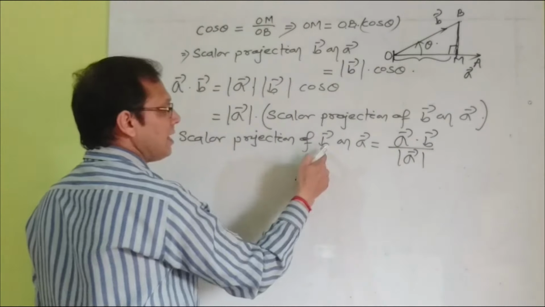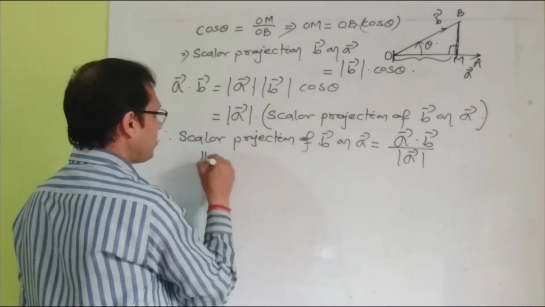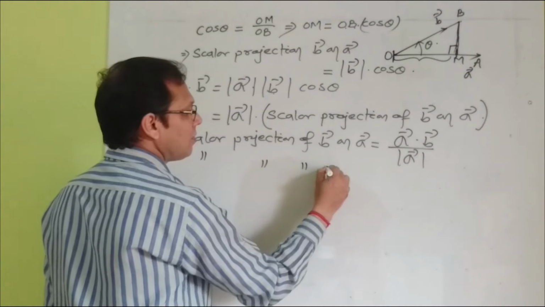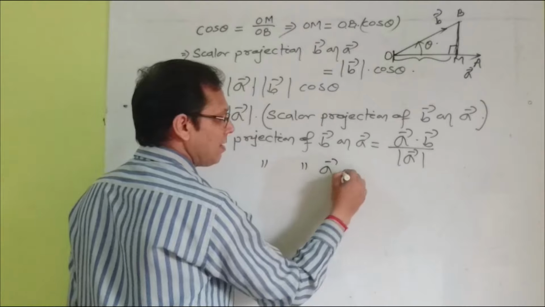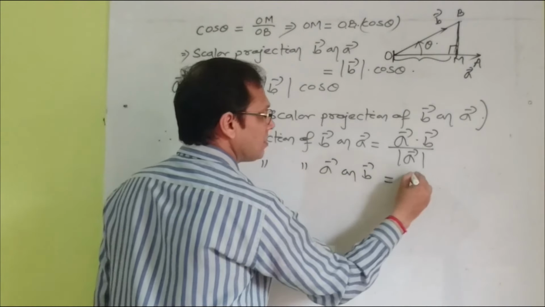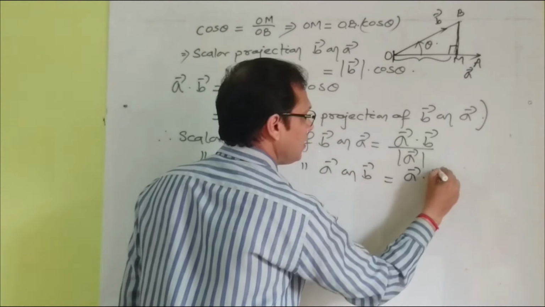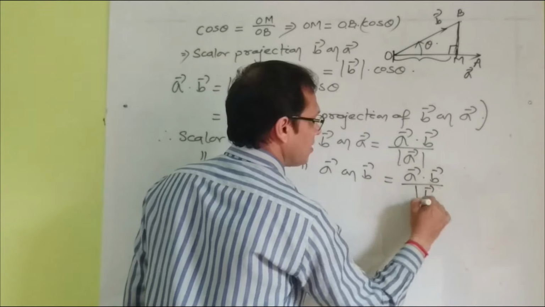Similarly, the scalar projection of A vector on B vector is the same thing, A dot B by B vector magnitude.